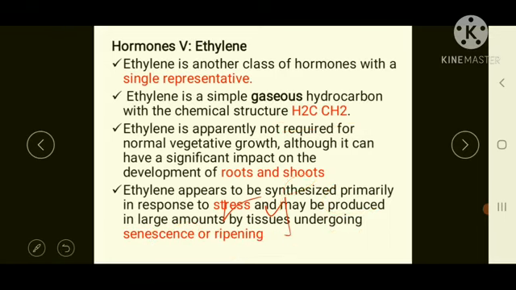If the plant cell is going to undergo senescence or ripening, it produces a high amount of ethylene. So the tissues undergoing senescence and ripening produce a high amount of ethylene.